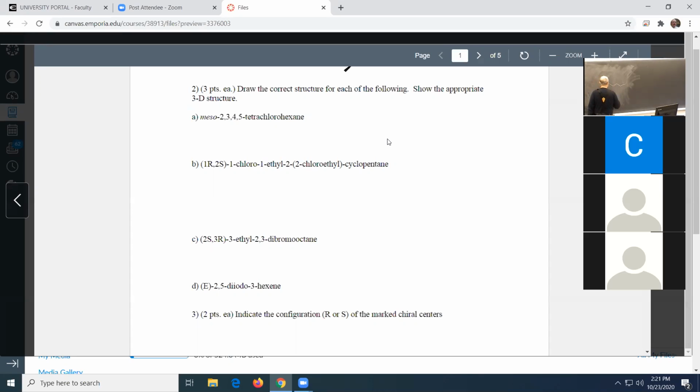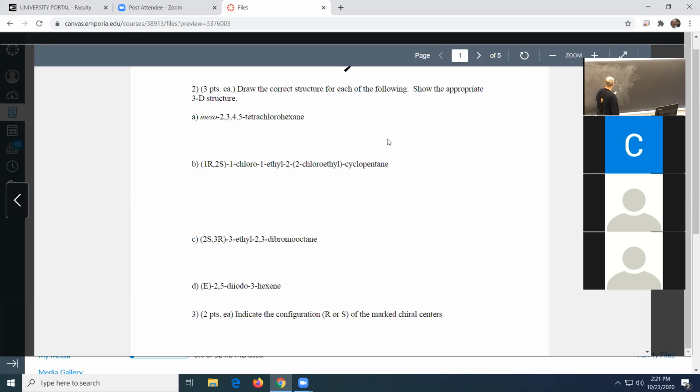We have a double bond between 3 and 4, and we have iodines at 2 and 5. And the way that I've drawn this, that is E.